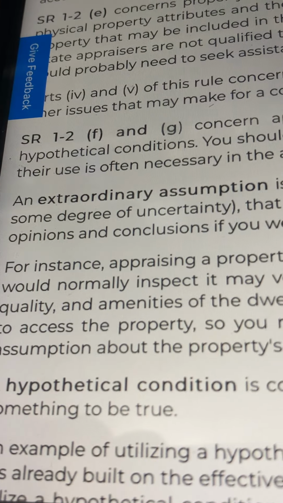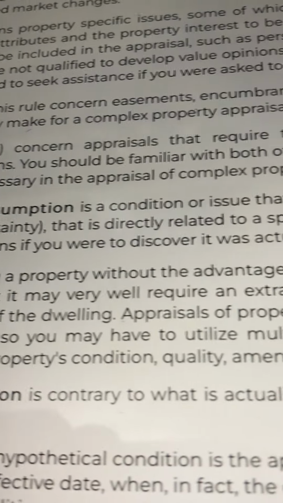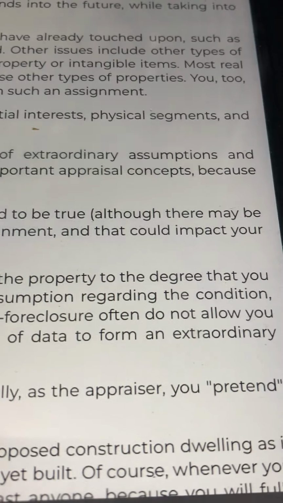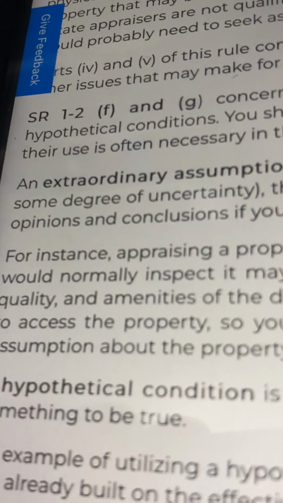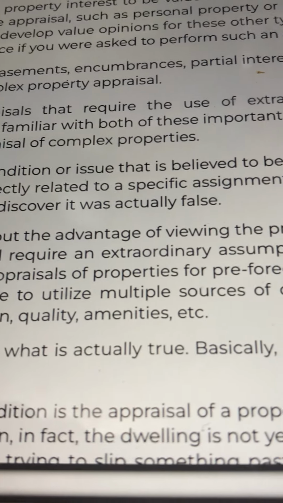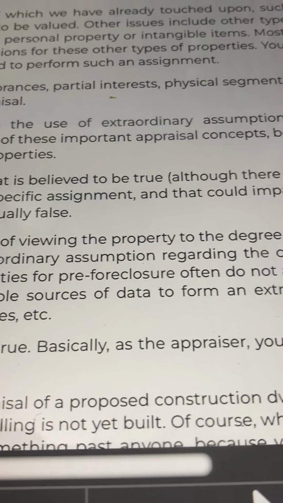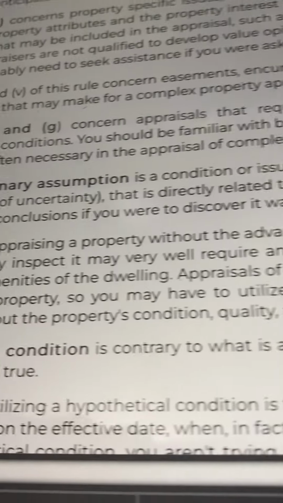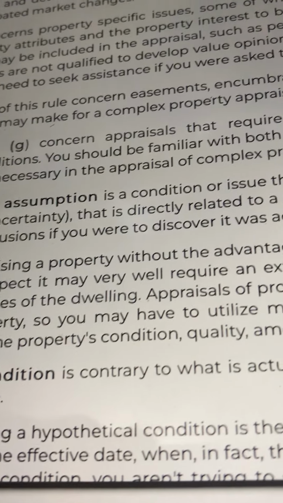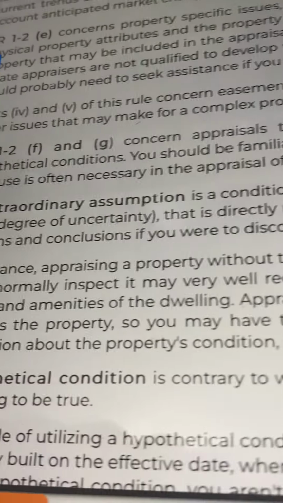SR 1-2F and G concern appraisals that require the use of extraordinary assumptions and hypothetical conditions. You should be familiar with both of these important appraisal concepts because their use is often necessary in the appraisal of complex properties.